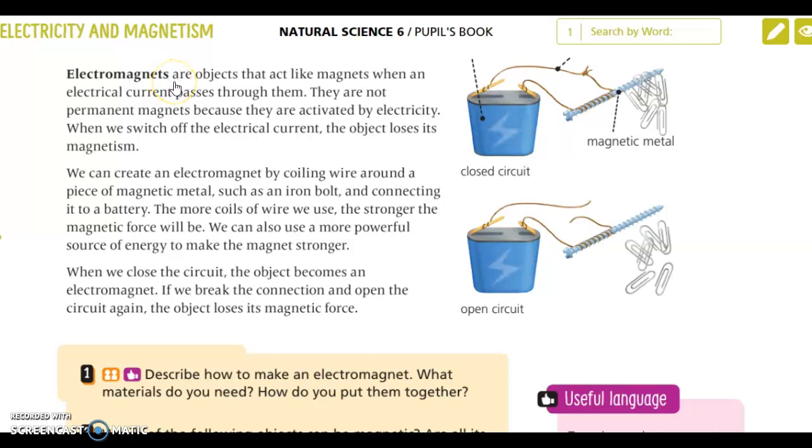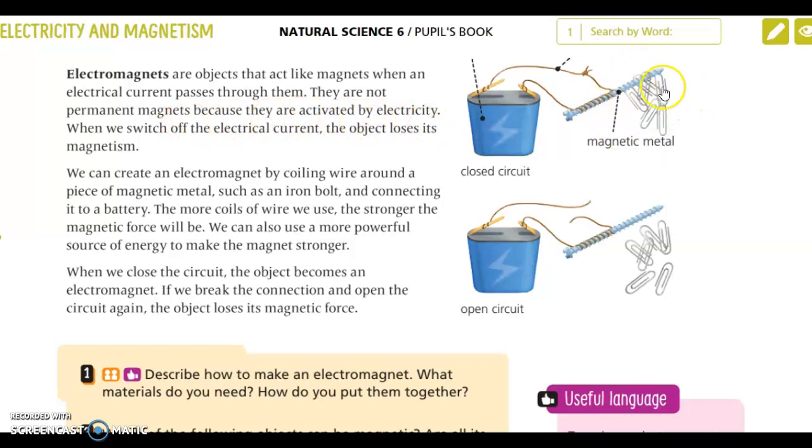Electromagnets are objects that act like magnets when an electrical current passes through them. So when electricity passes through the metallic material, they are not permanent magnets because they are activated by electricity.